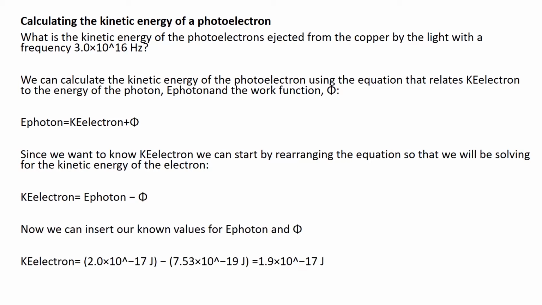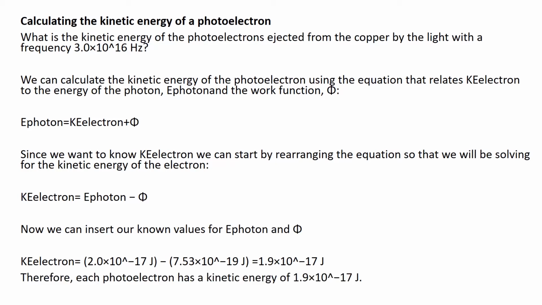So we have kinetic energy of electron equals 2.0 times 10 to the power of negative 17 minus 7.53 times 10 to the power of negative 19 joule. That equals 1.9 times 10 to the power of negative 17 joule. Therefore, each photoelectron has a kinetic energy of 1.9 times 10 to the power of negative 17 joule.